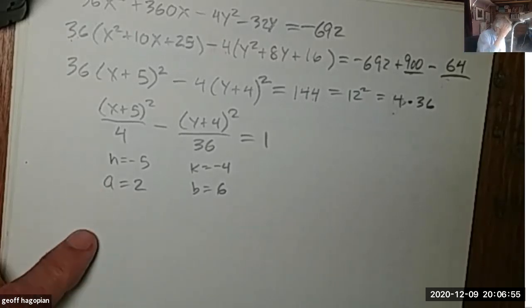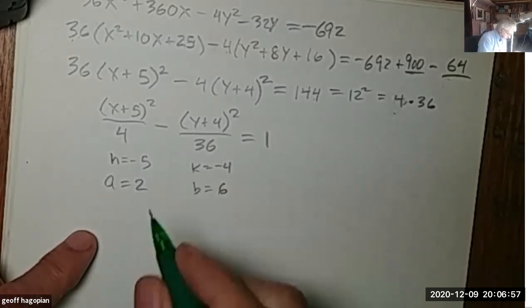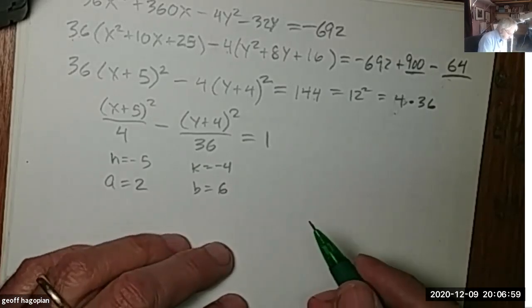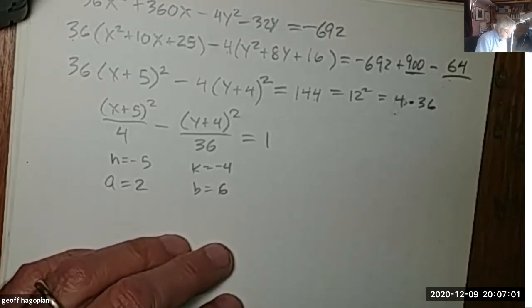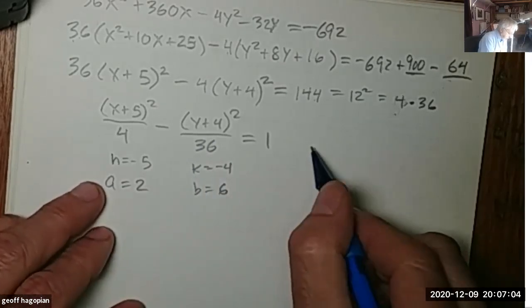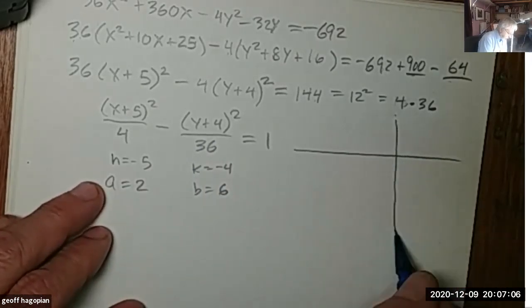Let's plot this, okay? If you want to make a graph of this thing, what's it going to look like? Well, it's going to be centered in the third quadrant, right?